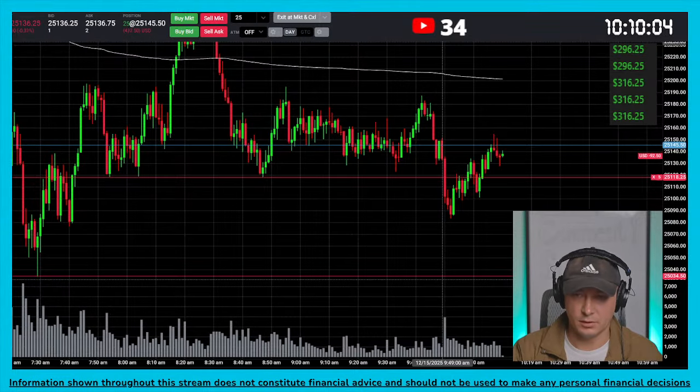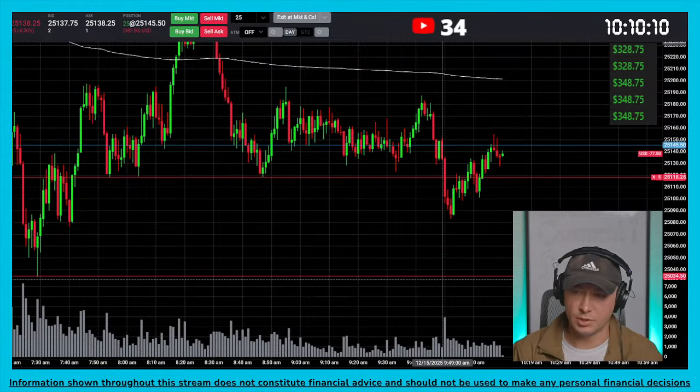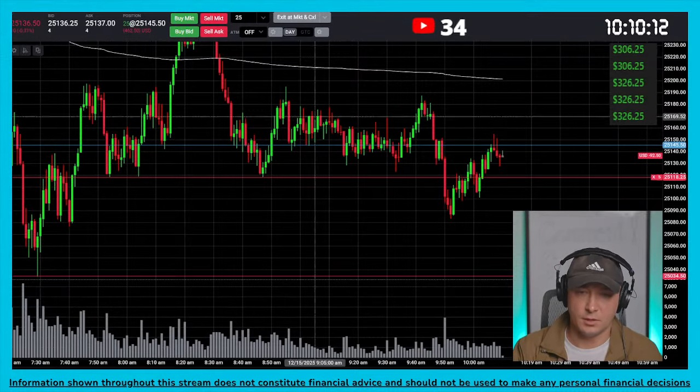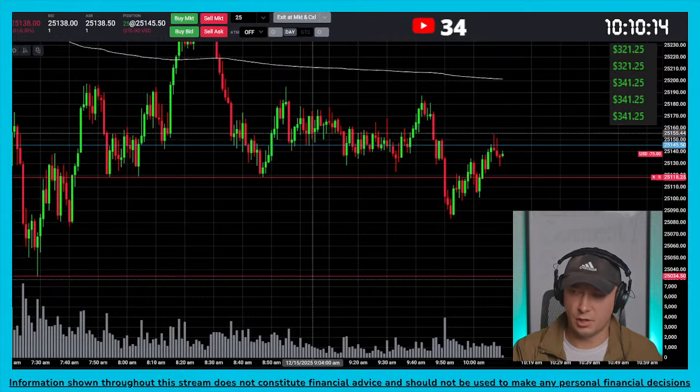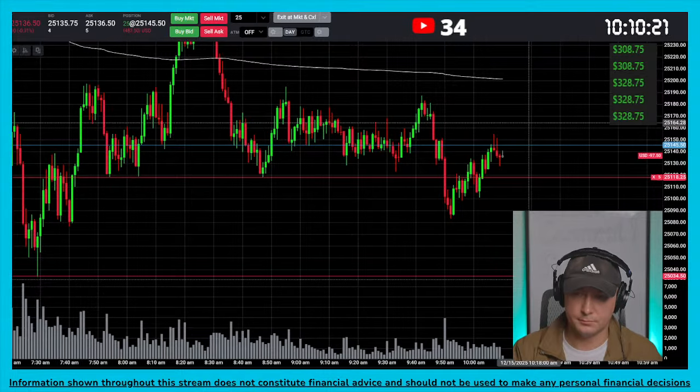Okay, on this bounce, I think I need to exit. Give me a quick bounce and I'll exit. I think I should wait for confirmation. It's not a good spot to enter. It's just the chop area here. It's not a really good spot to try to go long.